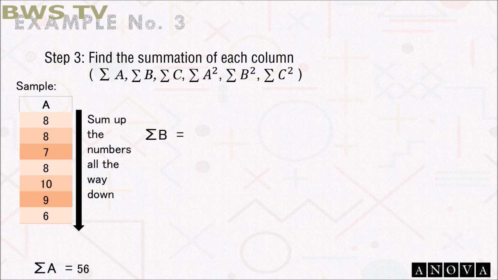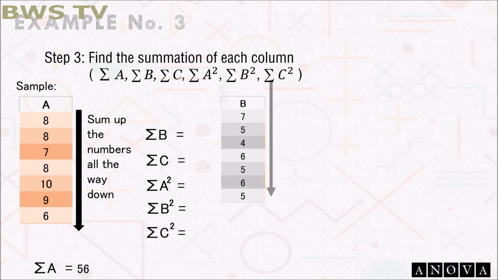And now we have to do the same for summation of B, summation of C, summation of A squared, summation of B squared, and summation of C squared.